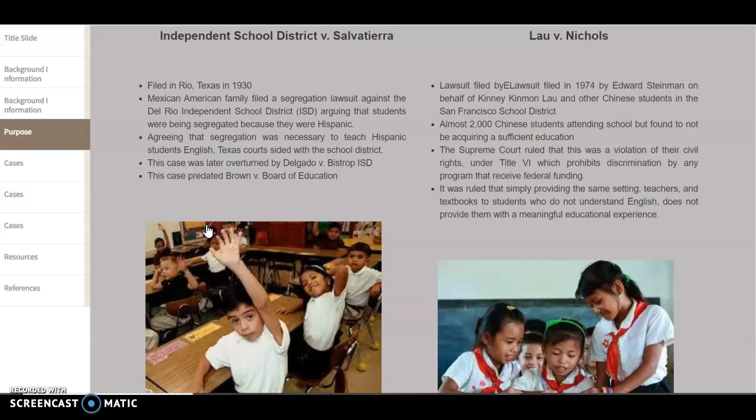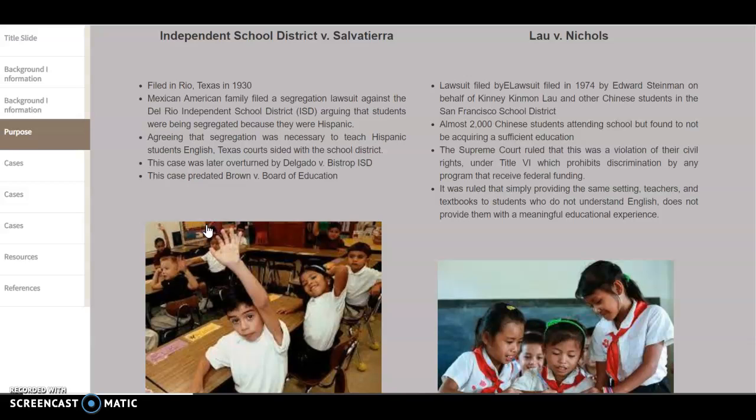This case was about a Mexican American family who had an issue with their children being placed in Hispanic-only classrooms. And actually, the Texas courts agreed that segregation was necessary in order to teach Hispanic children English. The case was later overturned by Delgado versus the Bastrop Independent School District.